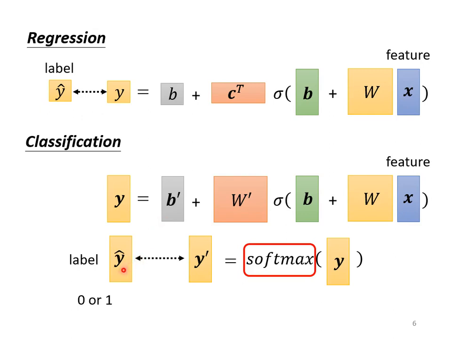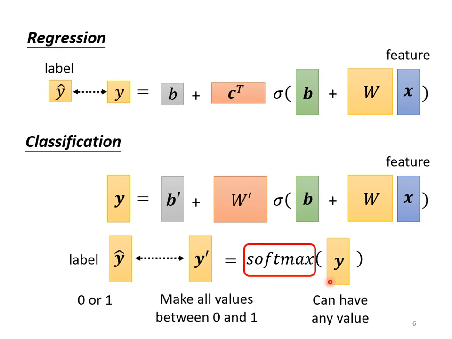The value in y hat contains both 0 and 1, right? It is a one-hot vector. Therefore, the values inside are only 0 and 1. How about y? It can have any value. Our goal is only 0 and 1, but y can have any value. Can we normalize this value first? Move them to the interval between 0 and 1.